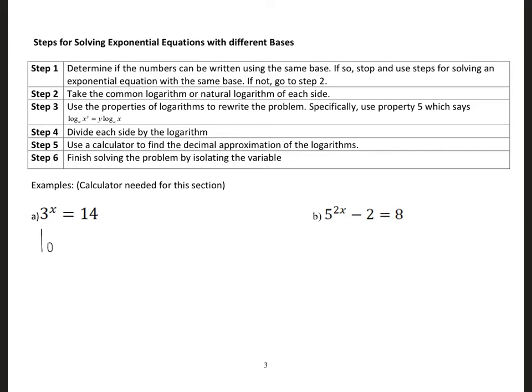I'm going to write logarithm to base 3 of 3 raised to x, and I do the same on the other side, logarithm to base 3 of 14. And see, when I do this, I'm able to isolate the x, and I get x is equal to logarithm to base 3 of 14. And then I can simply put this in the calculator, and this gives me 2.4.